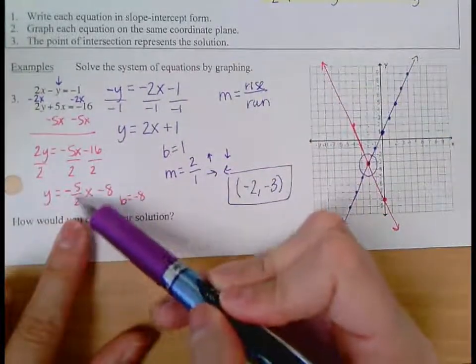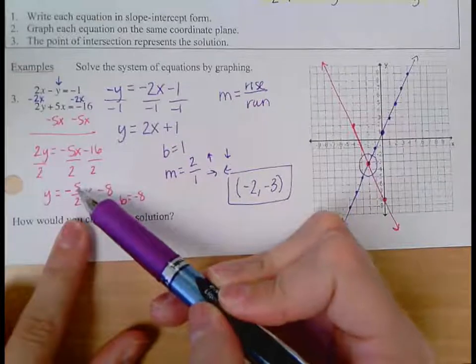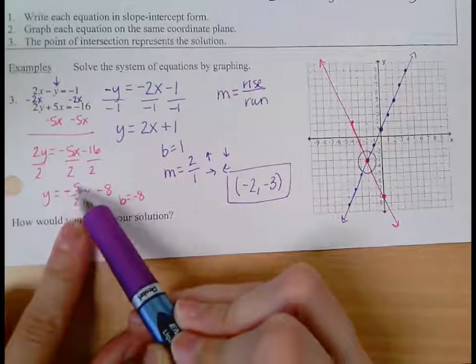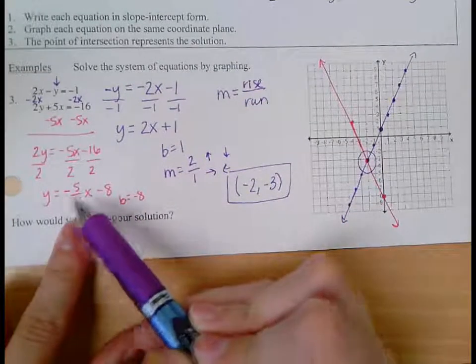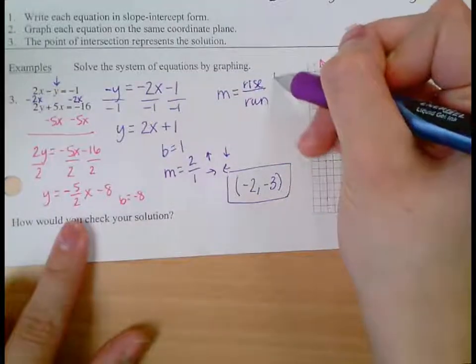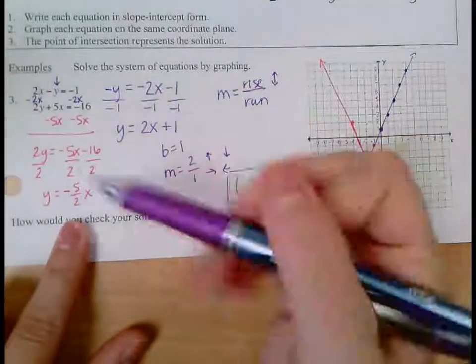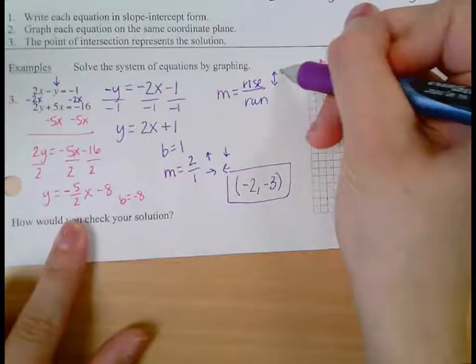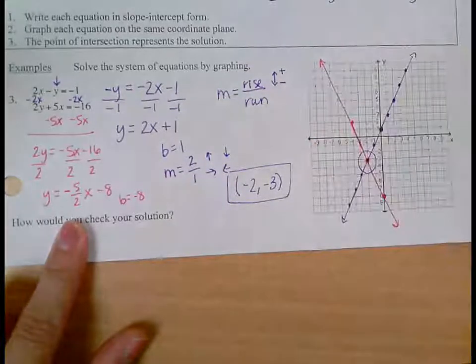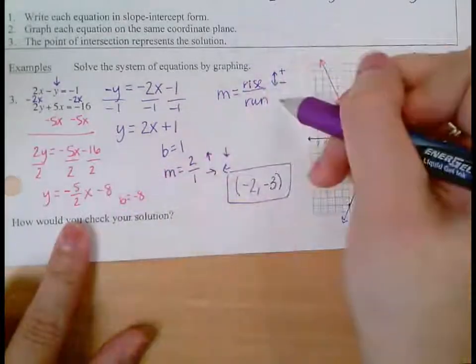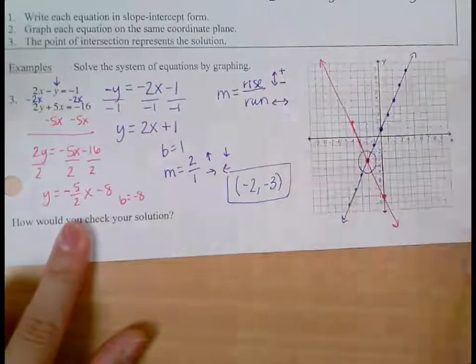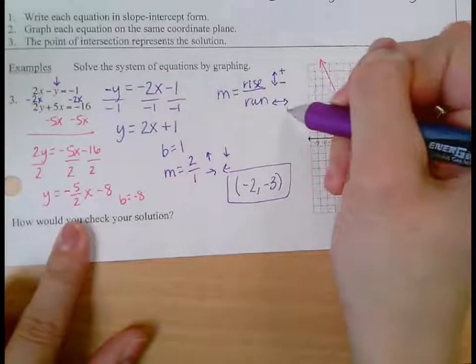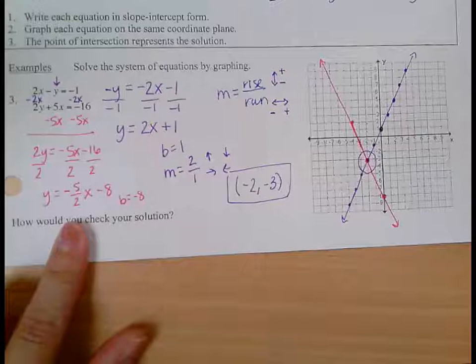So if you write your slope as a fraction, the top number, and usually if it's negative, I'll include the negative with the top, but the rise is how far you move up or down. So if the top number is positive, you would move up. If it's negative, you would move down. And then the bottom number is your run, and that's how far you move left or right. So if it's positive, you move to the right, negative, you move to the left.